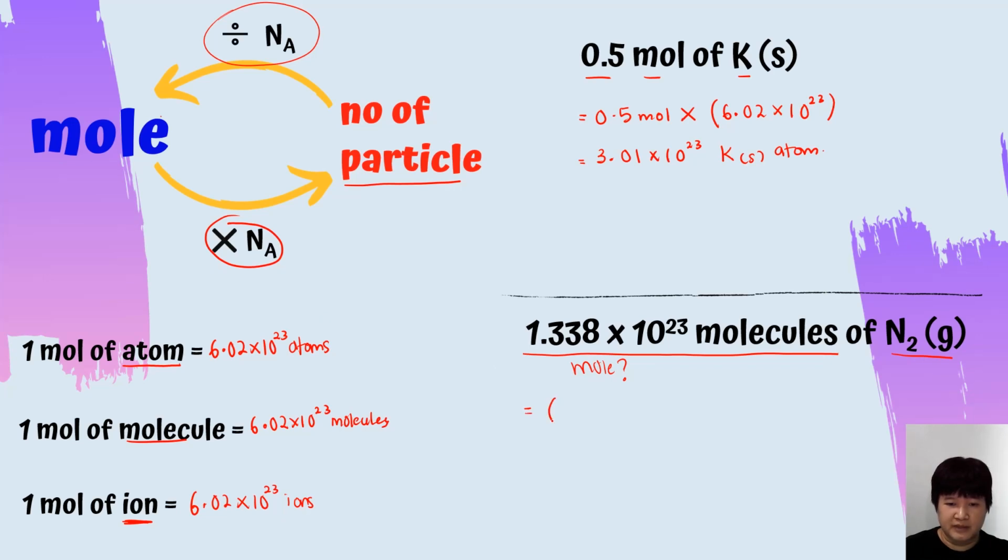So we will be taking 1.338 times 10 to the power of 23 molecule of nitrogen gas divide with 6.02 times 10 to the power of 23 Avogadro constant, and that will give rise to 0.2222 mole of nitrogen gas. I hope you are pressing the calculator and doing it together with me.